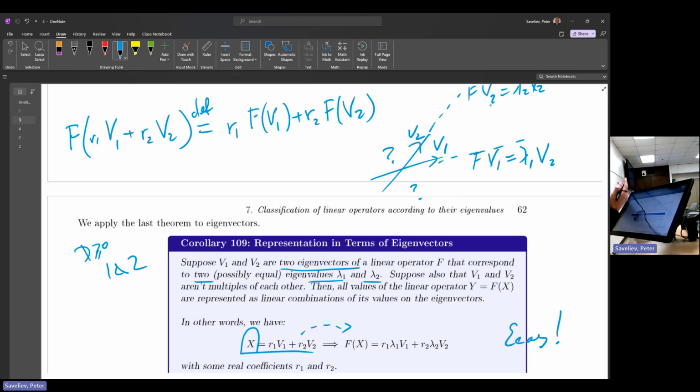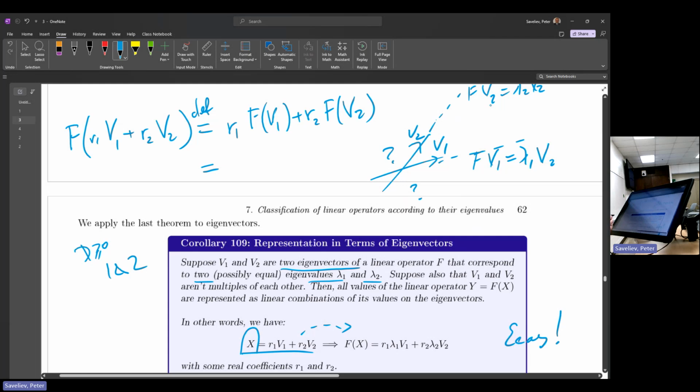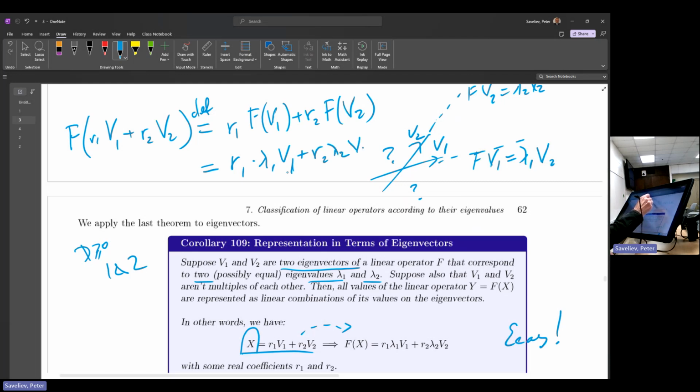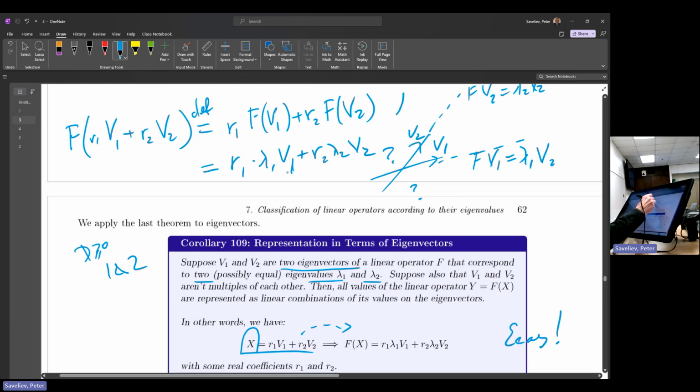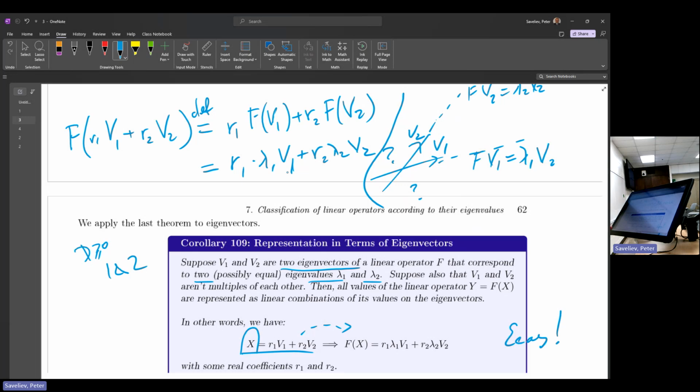And then I just use the fact that v1 is an eigenvector, so it will be lambda 1 v1, and the second one, v2, is also an eigenvector, but with a different eigenvalue, so lambda 2 v2. Okay, so then I have found everything. The output for every vector is known now. So that's the thing about it.